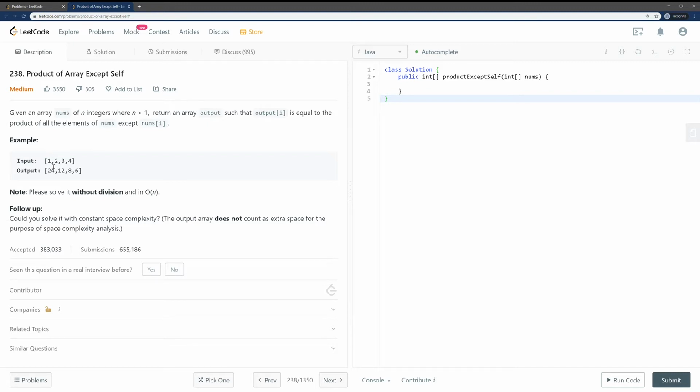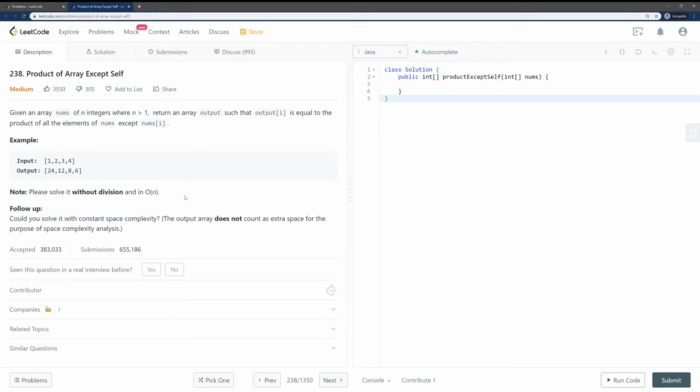Since 1, 2, 3, 4 are the array elements and the first index contains 1, the output first index would be the product of all the other numbers, that means 2 multiplied by 3 multiplied by 4, that is 24. For the second location, we want to find the product of all the numbers 1, 3 and 4, and so on.